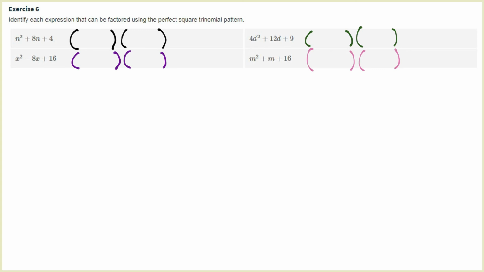So on this problem, it's going to be n and 2 and 2, and our b value is positive. On the next problem, it will be 2d and 2d and 3 and 3, and our b value is positive 12d.